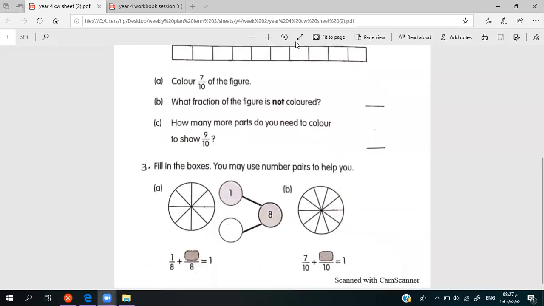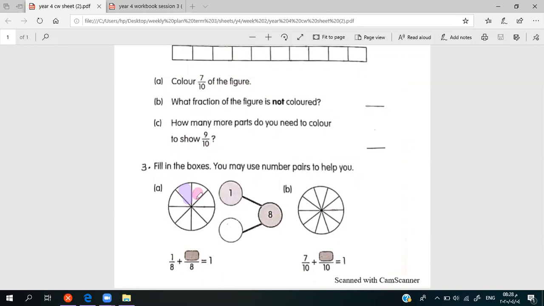Okay, now he's saying, last thing we're going to talk about today. Fill in the boxes. You may use number pairs to help you. Now, he's saying that 1 from 8 is colored. Let us see. Here is 1 from 8. Now, how many from the 8 are left to give me a whole one?